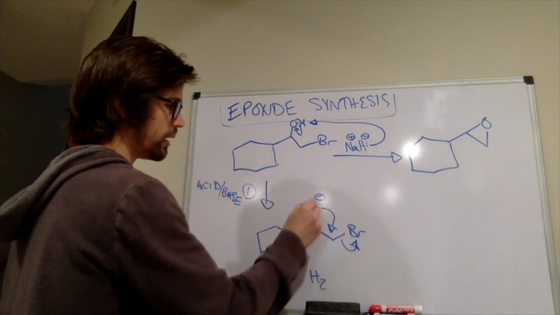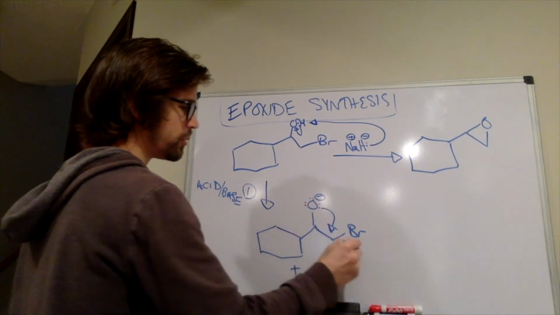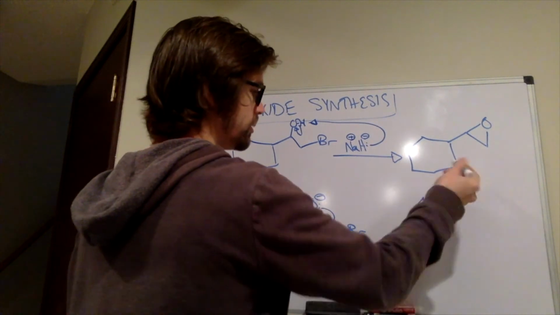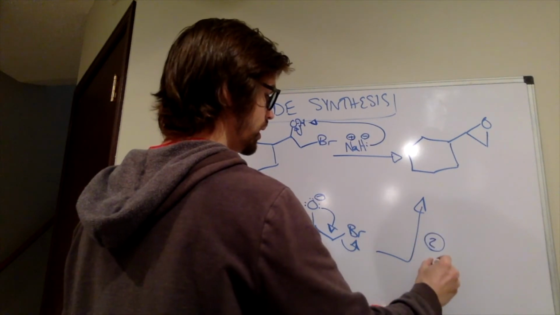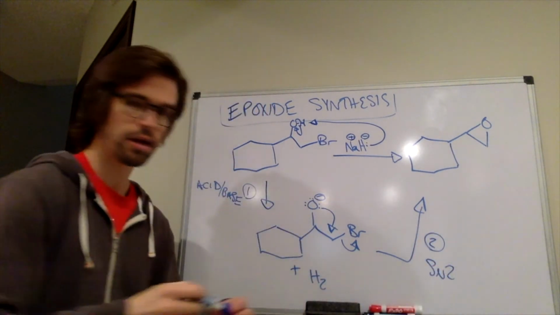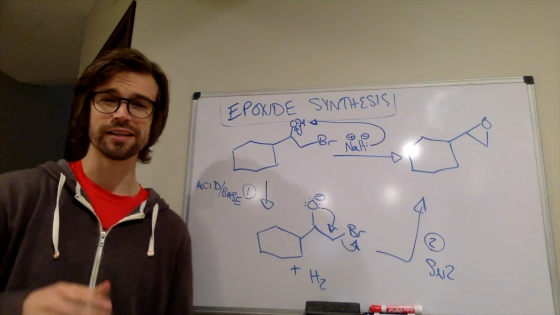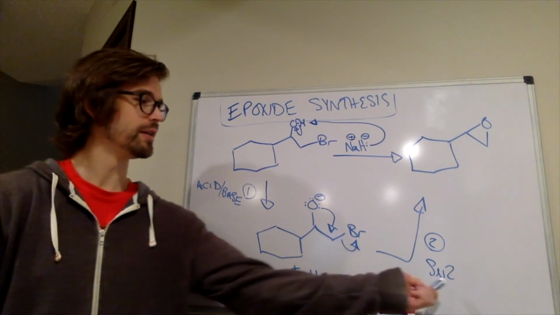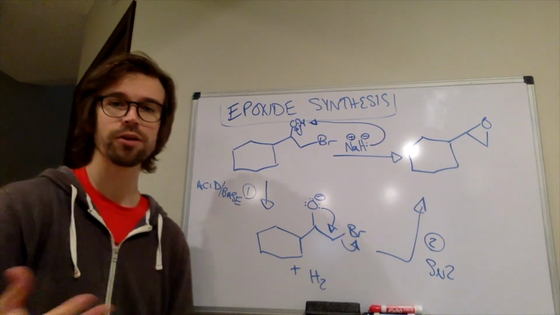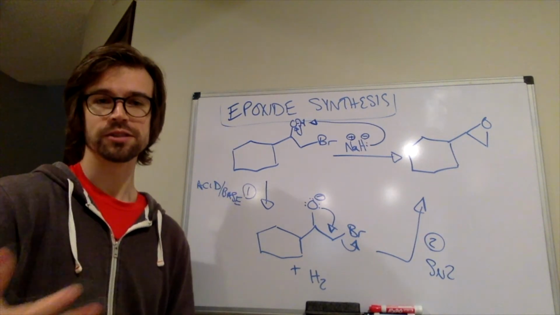So it's making a new carbon-oxygen bond between these two to make the product. So this, step 2, is just an SN2 reaction. Nothing new there. Technically, it's not bimolecular, so the 2 is not perfect here, but it's an intramolecular substitution reaction.